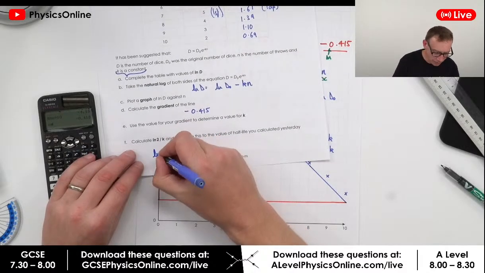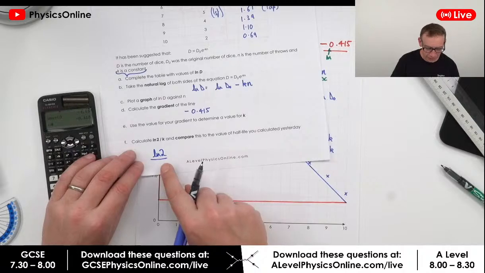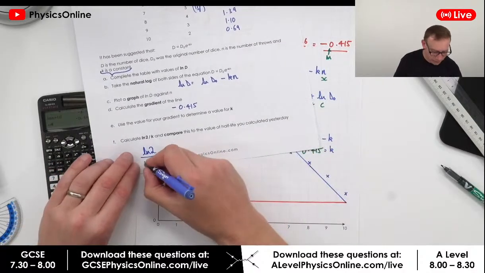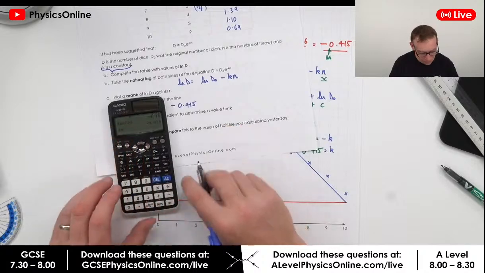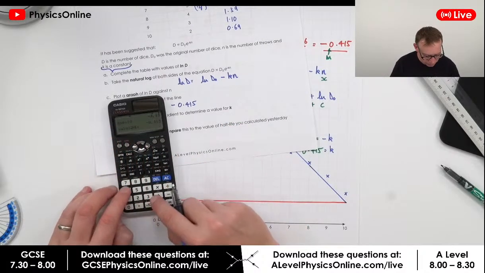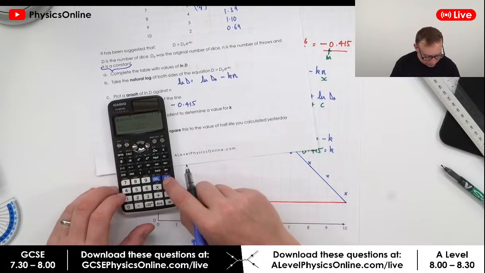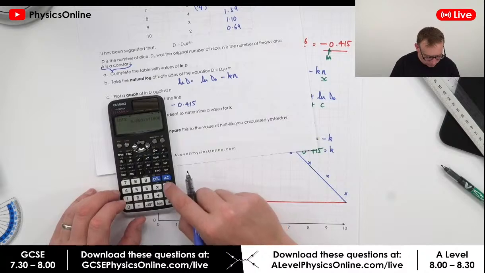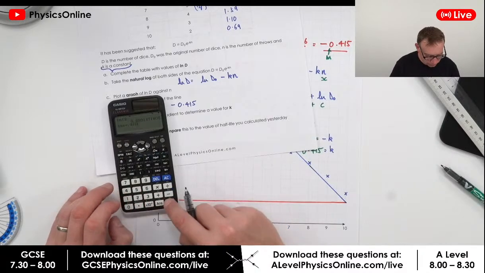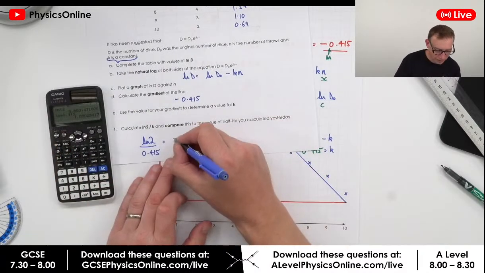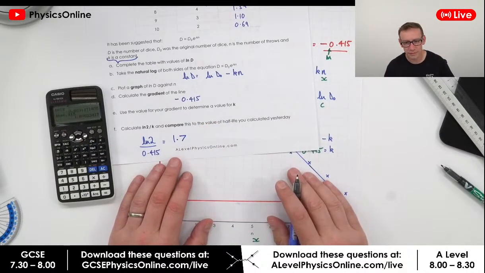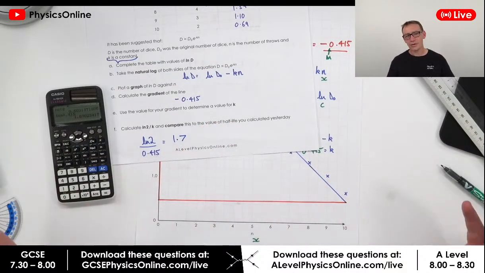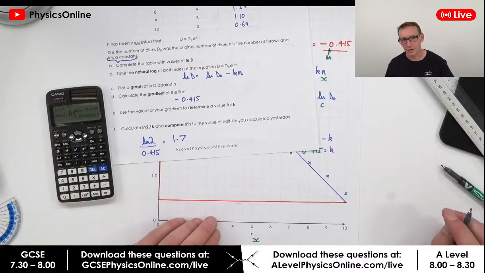So what we're going to do is the natural log of 2 divided by our value of k, which is 0.415. And if we do that, we find that this is equal to 1.67, or about 1.7, which happens to be the half-life.